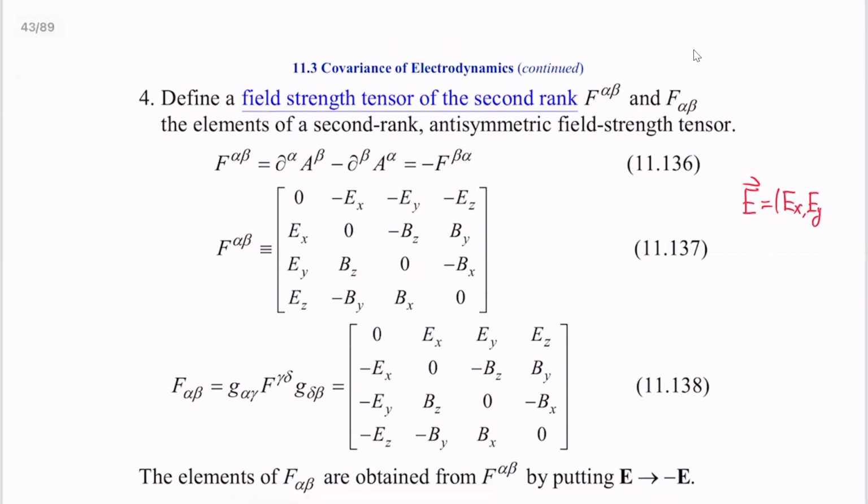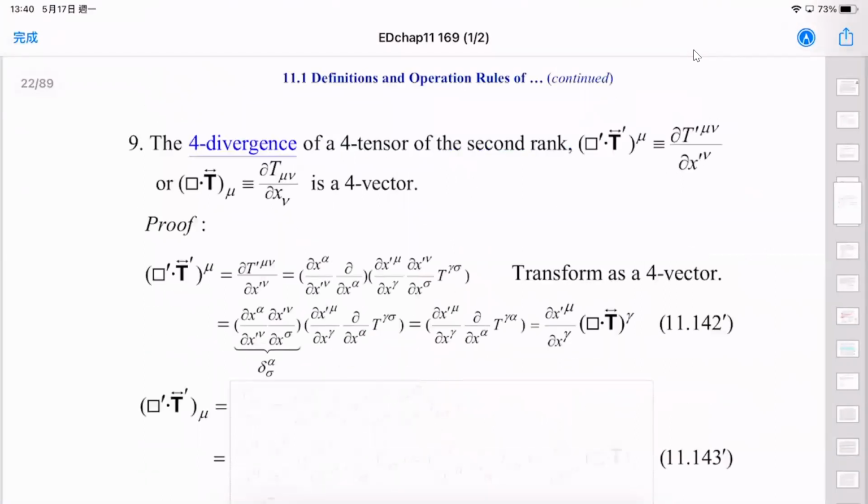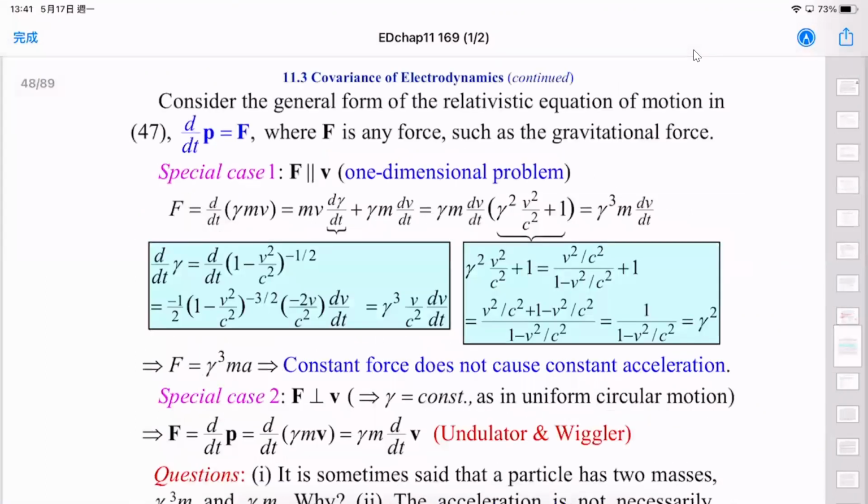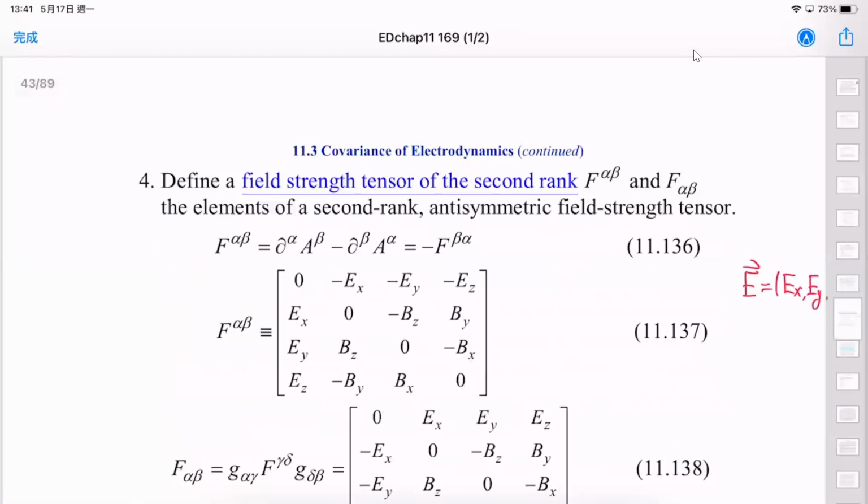We have three components. Just erase this one. We have EX, EY, EZ. On the other hand, for the magnetic field, we have BX, BY, BZ.